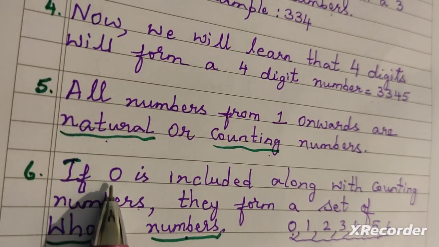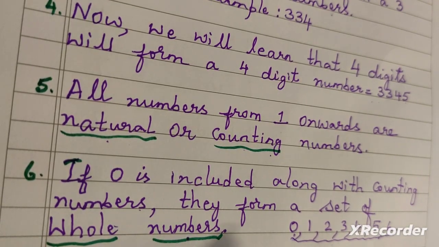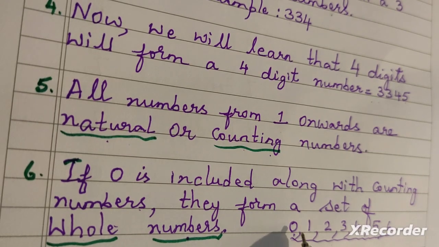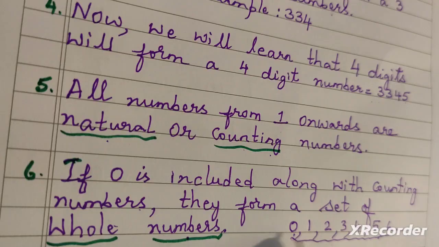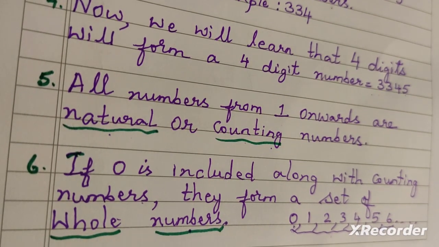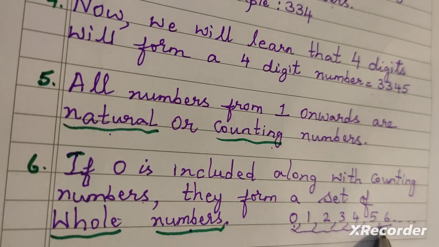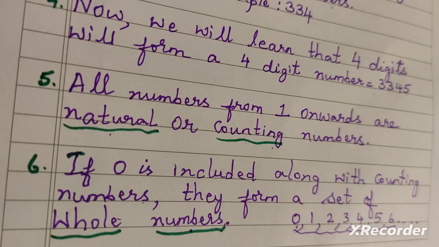Suppose 0 is added along with counting numbers. Counting numbers start from 1, 2, 3, 4, 5. So suppose 0 is added along with that. All these numbers together will be called whole numbers.